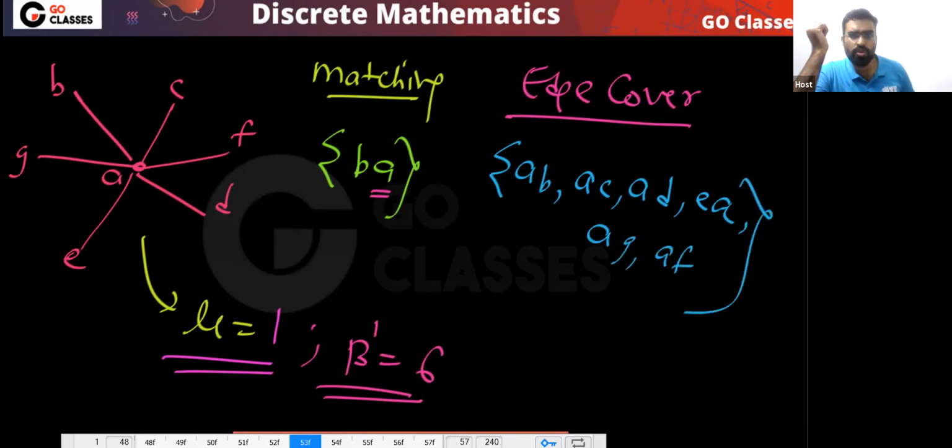So you can notice one difference here. In matching, every edge will cover 2 vertices uniquely. In edge cover, every edge will cover 2 vertices, but uniquely is not required. So this is the difference. For this graph, mu is 1 and beta dash is 6.